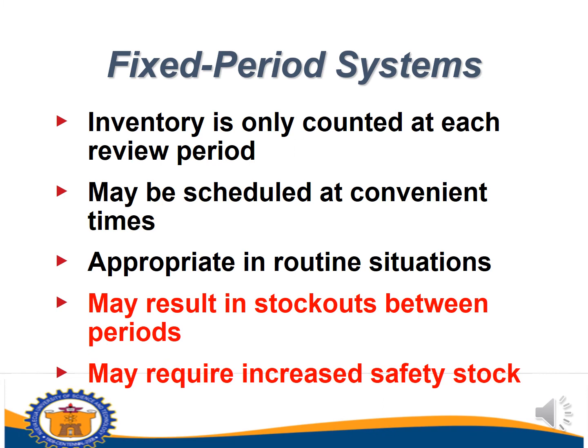Fixed period systems have these assumptions: inventory is only counted at each review period, which may be scheduled at convenient times; appropriate in routine situations; may result in stockouts between periods; and may require increased safety stock.